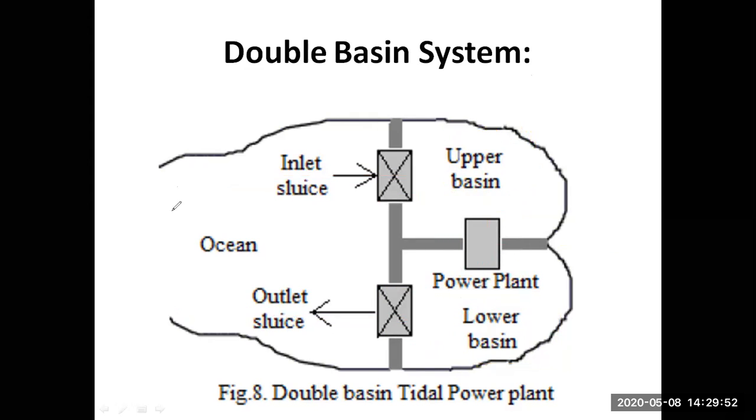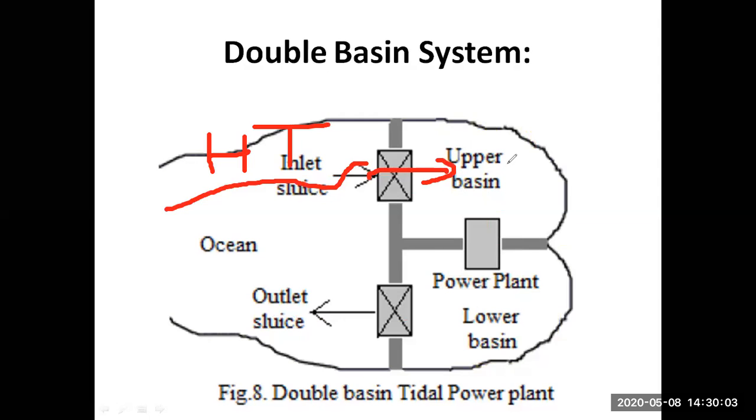When the high tide comes, during the high tide, this inlet sluice is open and the water is collected in the upper basin. Here the water is collected, and due to the water level difference, water here is at a very high altitude, very high potential, and water there is at a lower level, lower altitude.